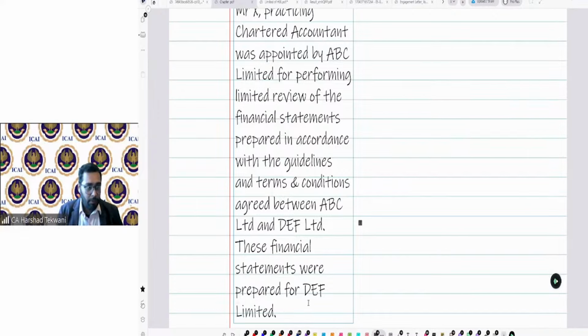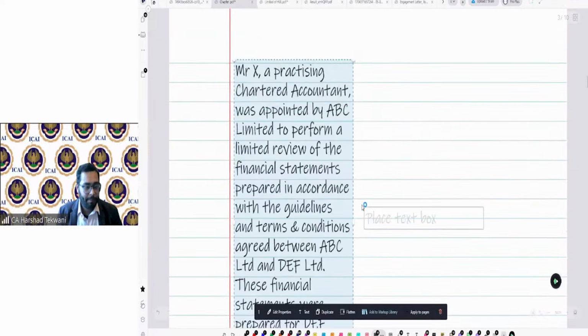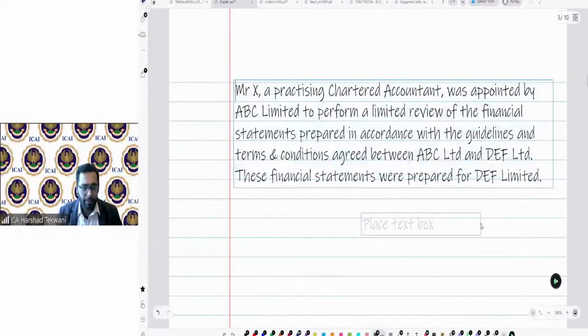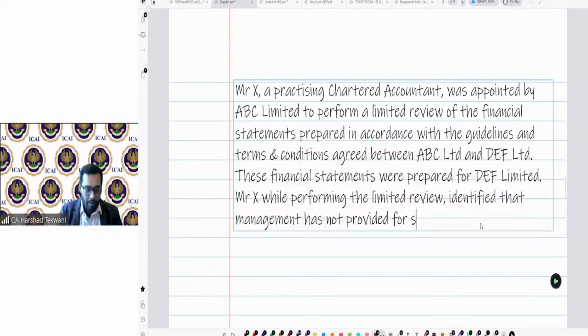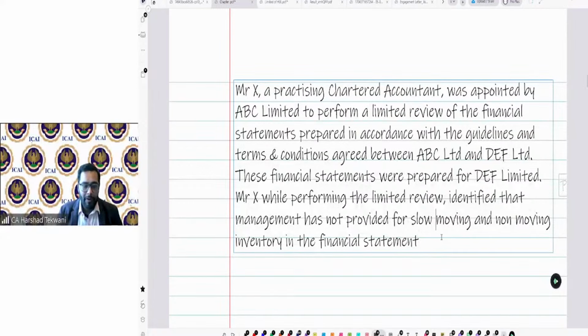Expand this one so that you can see. Mr. X, while performing the limited review, identified that management has not provided for slow moving and non moving inventory in the financial statements.